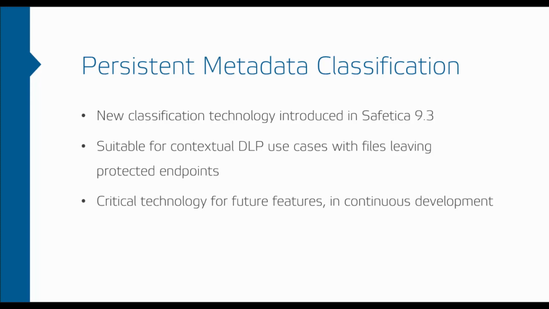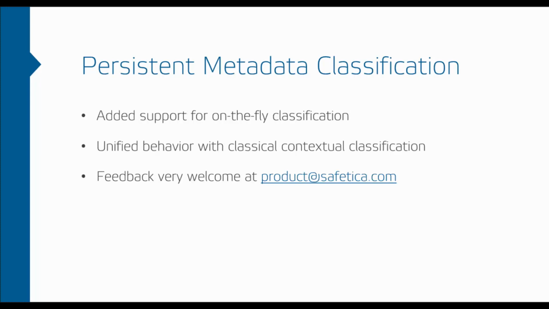We are able to do data classification of Safetica even outside of the Safetica perimeter. So it's suitable for contextual DLP use cases with files leaving protected endpoints, and as I said, it's really critical for us. So what we did in this version is that we have added support for on-the-fly classification.